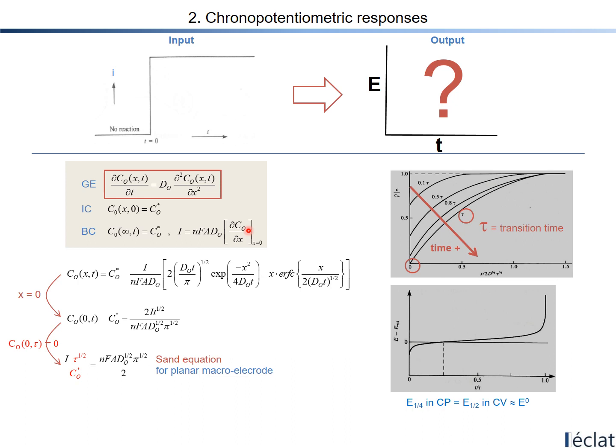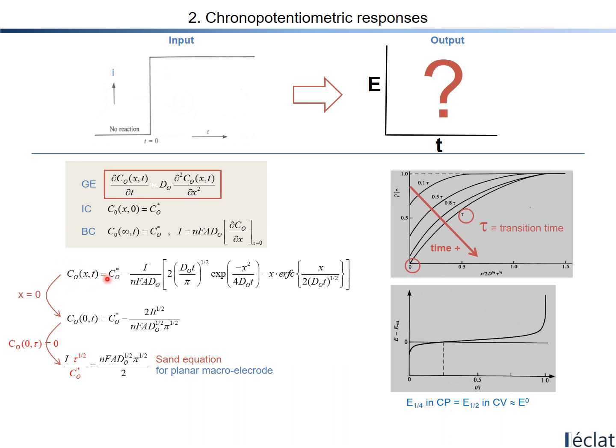Again, the only different thing between chronopotentiometric and chronoamperometric systems is the second boundary condition. Okay, right now we have everything we need for solving the problem. So here is the resultant solution of these PDE systems.